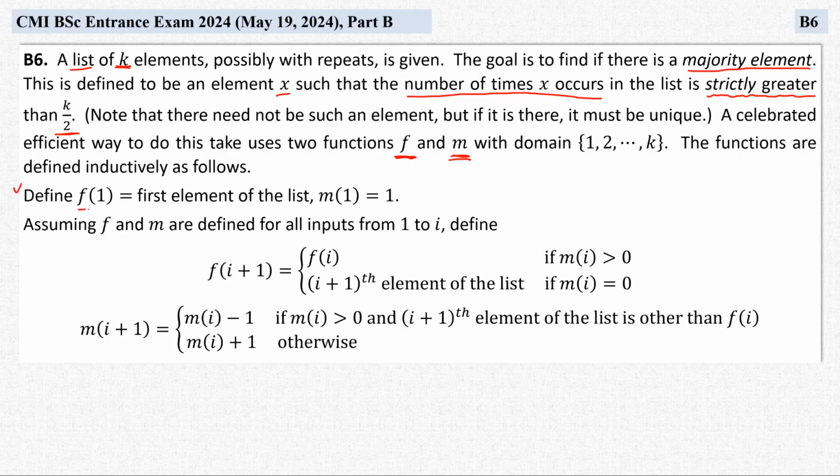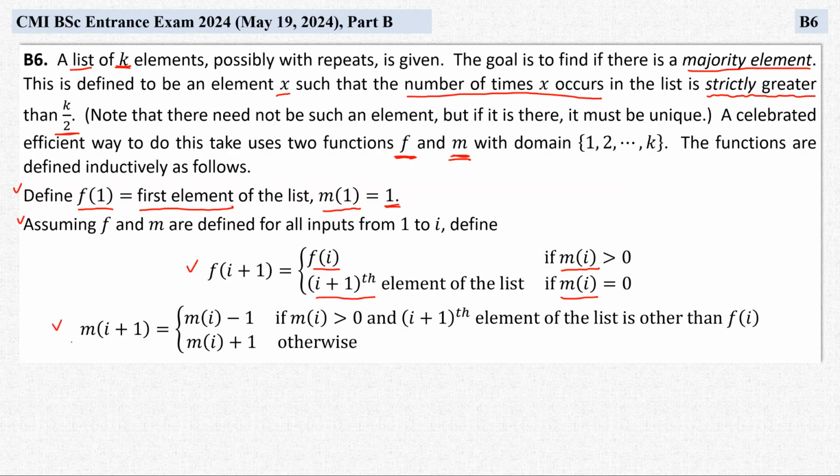First, define f of 1 as the first element of the list and m of 1 as 1. Then, assuming f and m are defined for all inputs from 1 to i, define their next values. f of i plus 1 is defined as f of i if m of i is positive, and it is defined as the i plus 1th element of the list if m of i is 0.